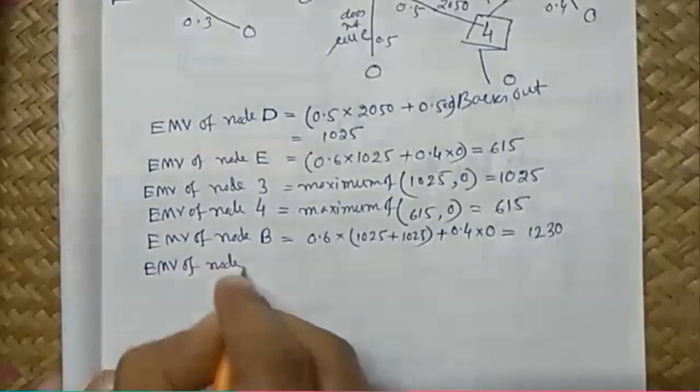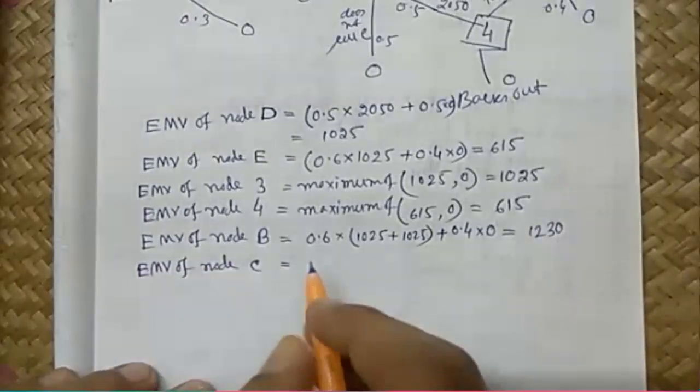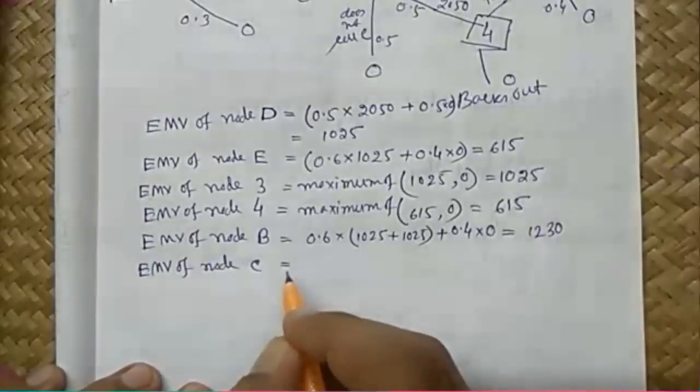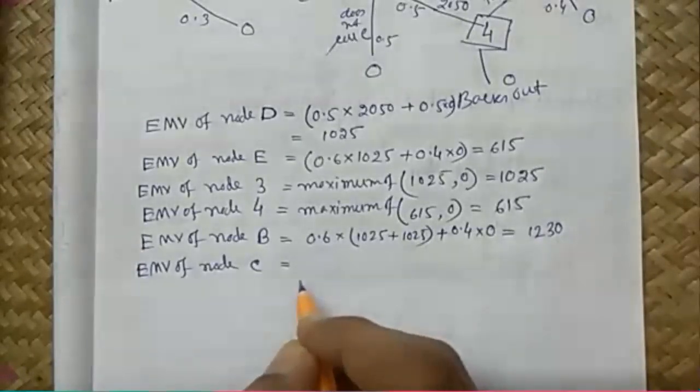EMV of node C, in this case, is similar to node B. So can anyone tell me what will be the EMV of node C? So 0.5, in brackets 2050 plus 615.